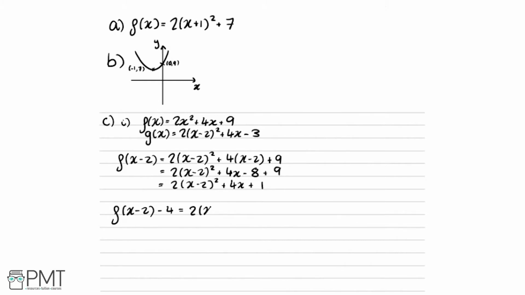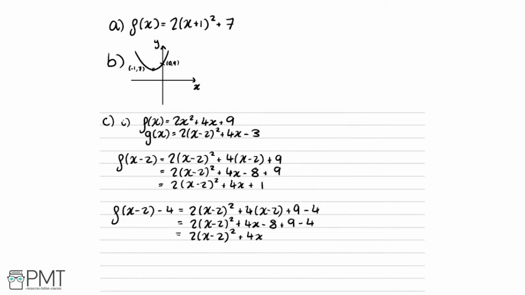So we get 2(x minus 2) squared plus 4(x minus 2) plus 9 minus 4. So we've got 2(x minus 2) squared plus 4x minus 8 plus 9 minus 4. And that equals 2 multiplied by (x minus 2) squared plus 4x.